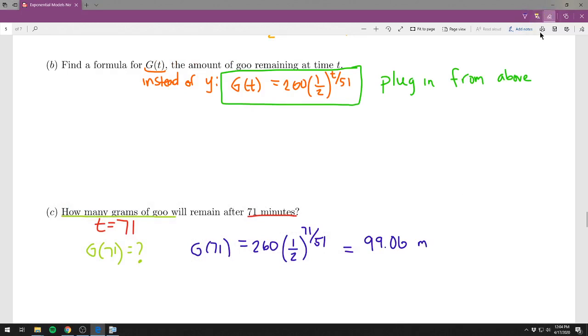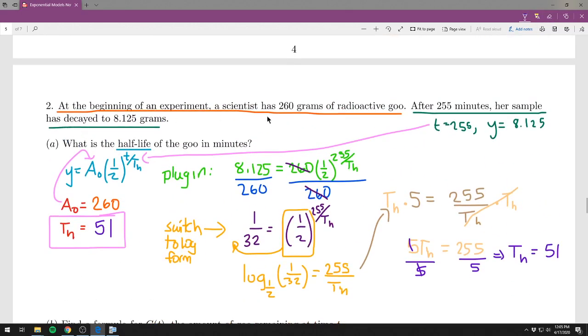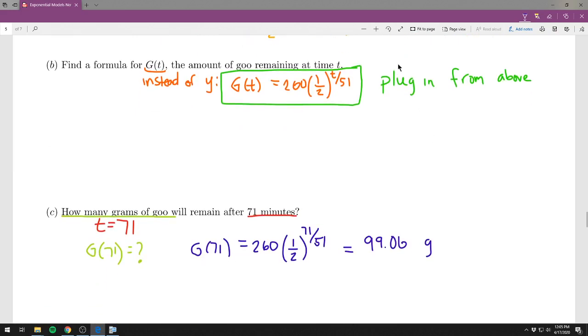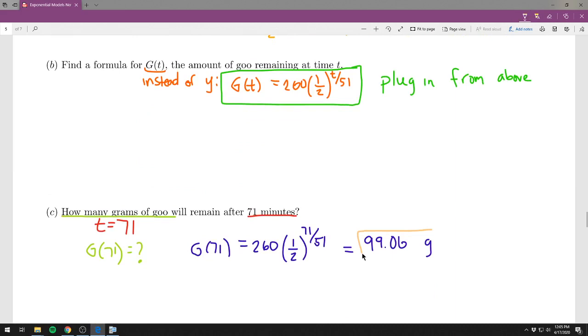The units were grams, not milligrams, from the original problem, as I'll show you real quickly, 260 grams. Right, so rounded to 2 spots. After 71 minutes, you got about 99 grams.